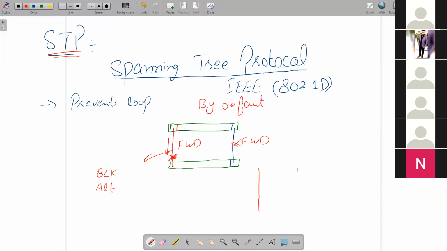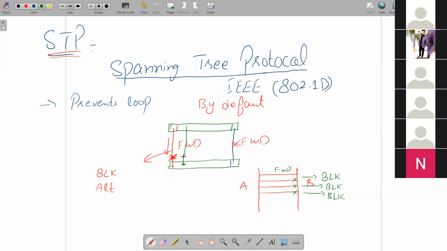For example, if you have two switches, this is switch A and this is switch B, and you have multiple backup links. STP will allow only one link in the forwarding state, and the rest of the links STP will put into the block state, because they create loops.